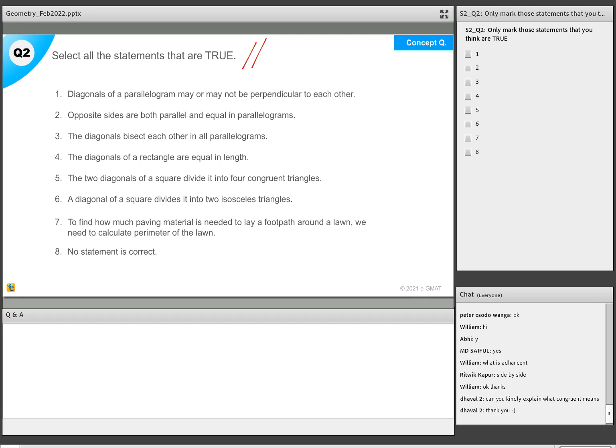I see a lot more speed with this set. So a lot of you are almost done. I'm going to give you another 15 seconds and that's it.